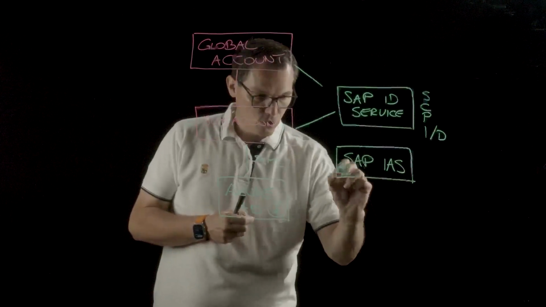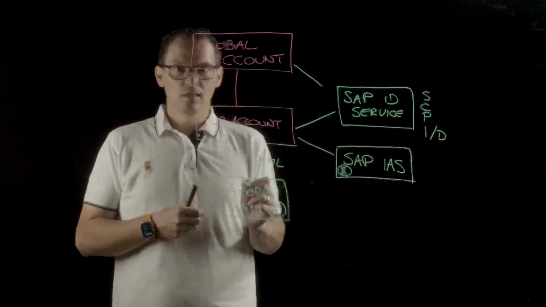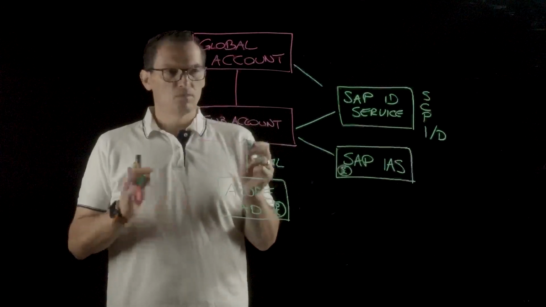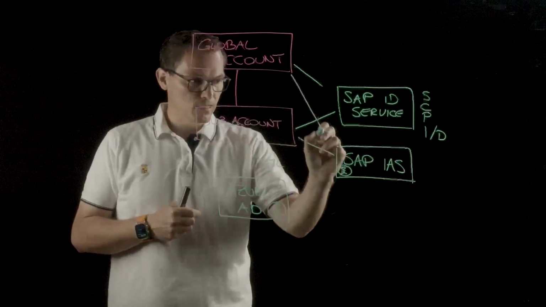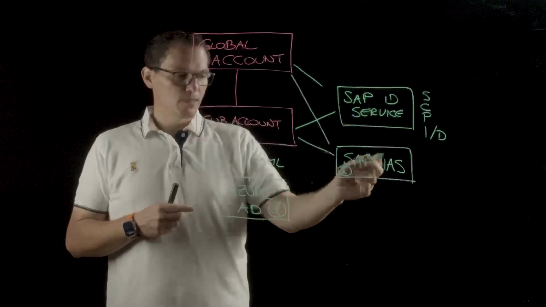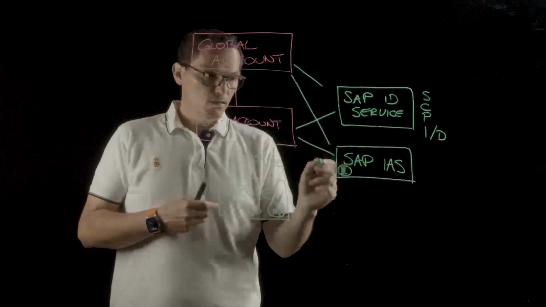You can manage your users here and connect the sub-account against the IAS, but since the end of 2022, you are also able to connect the global account against the SAP Identity Authentication Service.